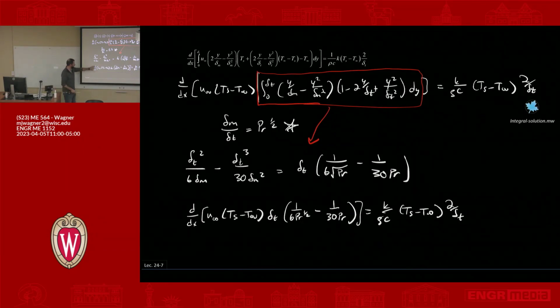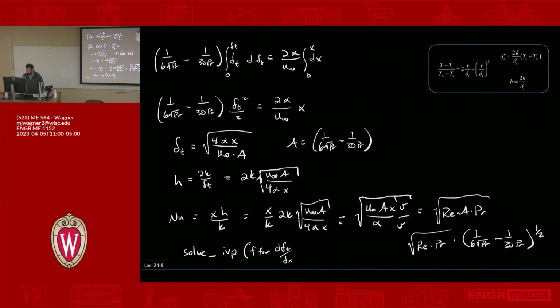So you get one side d delta t dx, the other side everything else. Then you come back and plug that into solve_ivp. So you need that function. You need to have a range, from the leading edge, 0 or close to 0, to the position you want to evaluate, so x or L or whatever it is.